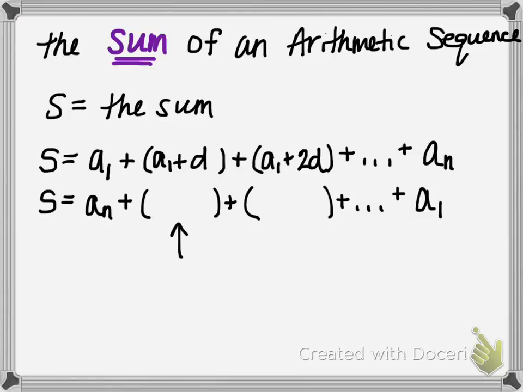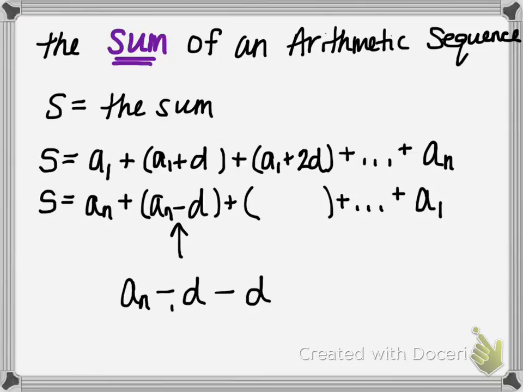Now we need a way to write the second to last term of the sequence. If we begin with the last term, a sub n, and we're working backwards this time, then we're not going to add the common difference, but rather we will subtract d, the common difference. So my second to last term is a sub n minus d. And if we continue doing that, to get the third to last term, we would subtract another d.